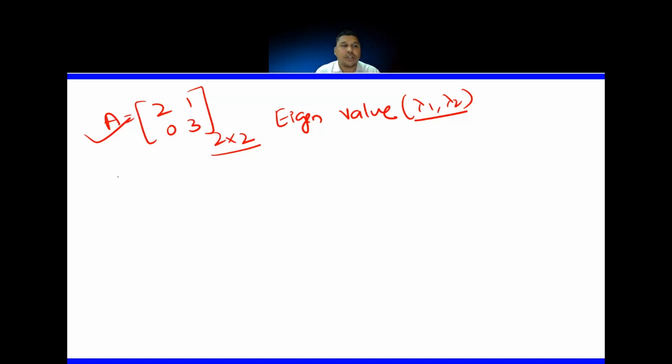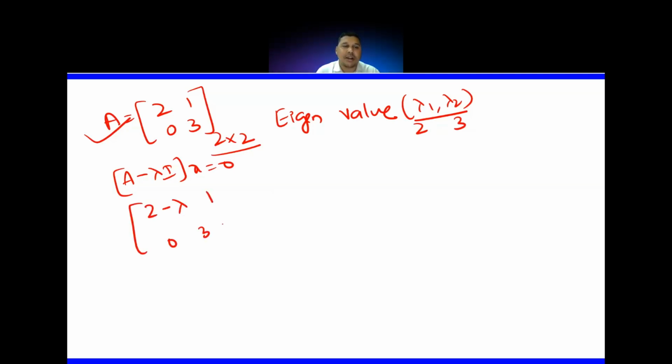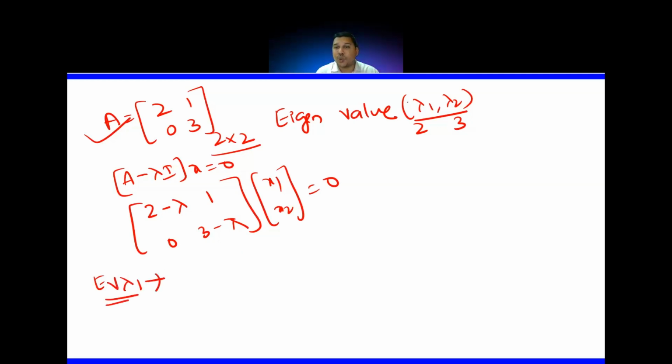So how do you find it? A minus lambda I times x equal to 0. We had A minus lambda as 2 minus lambda, 1, 0, 3 minus lambda, multiplied by x1 x2 equal to 0. Now we are trying to find the eigenvector for lambda 1. What is the lambda 1 value? 2.